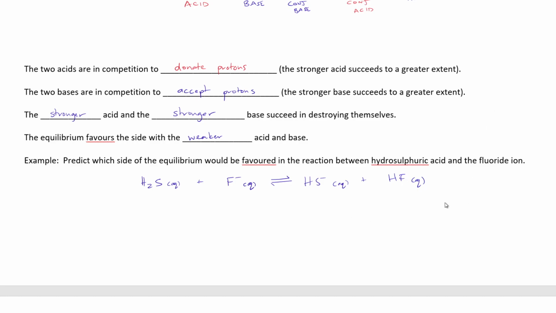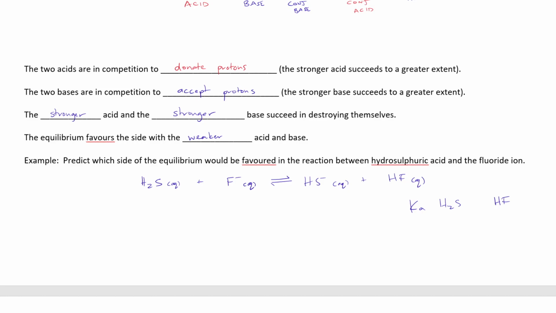So what we need to do is check the Ka values for H2S and for HF. Whichever has the higher Ka value means that species would react more. So we can just quickly take a look at our tables.